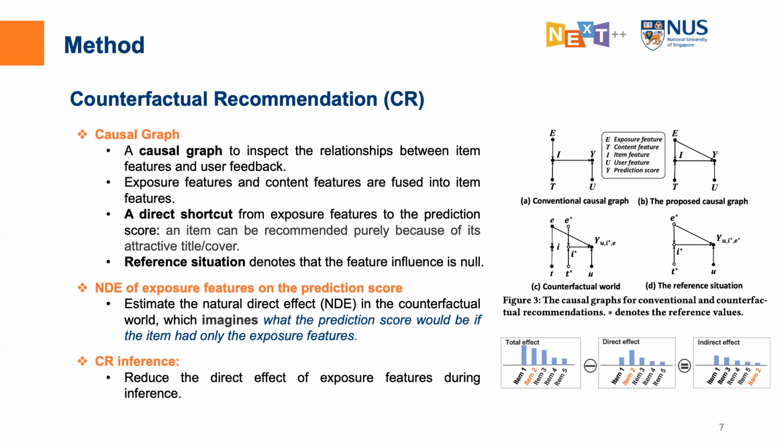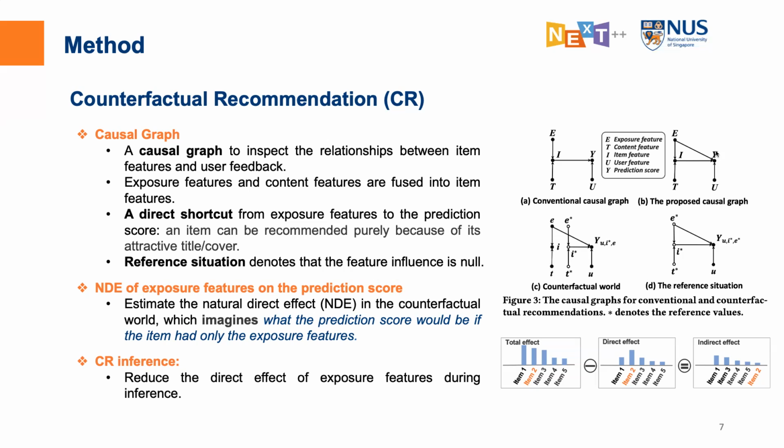First, we propose a graph to describe the causal relations in this task. Exposure features E and content features T are fused to represent the item features. Then the user feature U and item features decide the prediction score. From this figure, we find a shortcut from the exposure features to the prediction score.